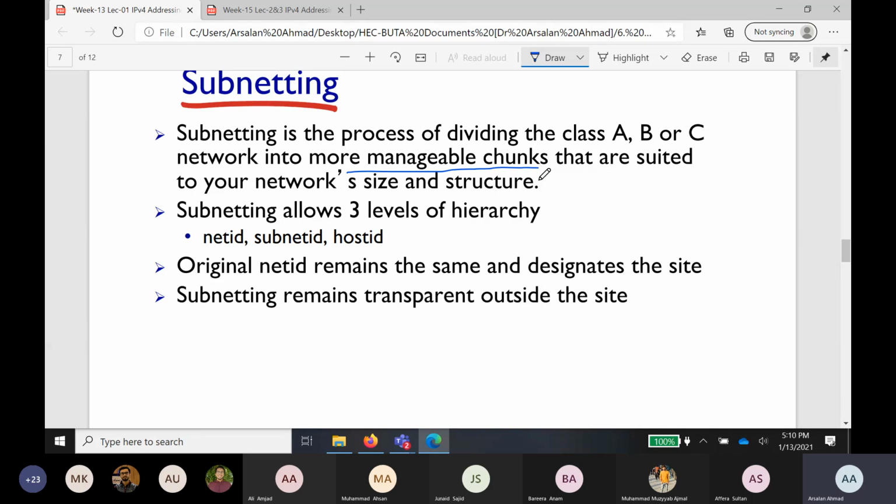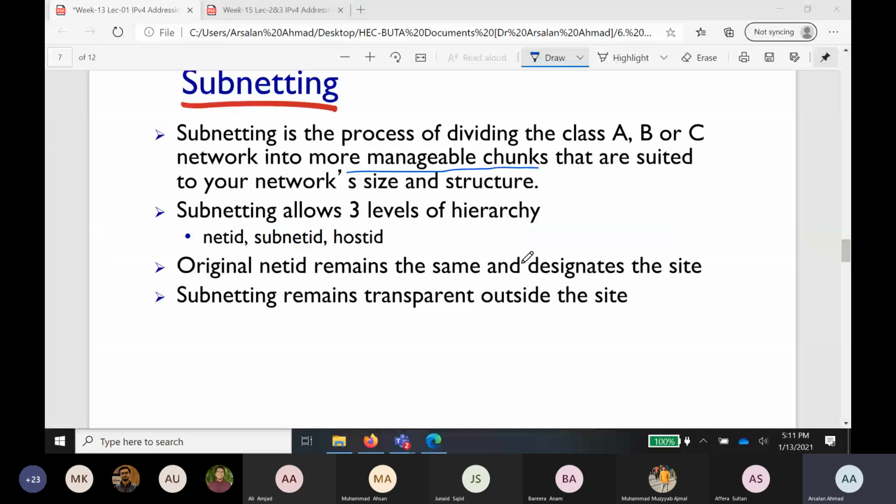Suppose NUST wants to assign a unique public IP address to every device within its campus network, and it has bought the class B range 141.14.0.0, with the entire range from 0.0 up to 255.255. We solved the example considering that scenario.